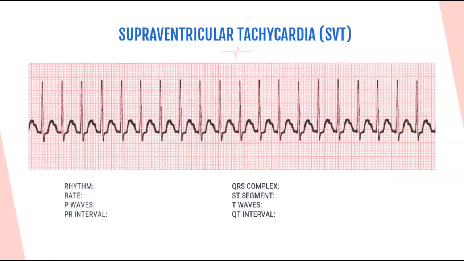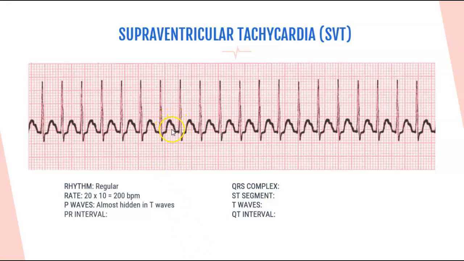Let us interpret a strip. When looking at the R to R intervals, we can see that this rhythm is regular. There are 20 R waves on this 6-second strip. We multiply that by 10, and that gives us 200 beats per minute. Our P waves are almost hidden in the T waves. You can see this little notch right here.